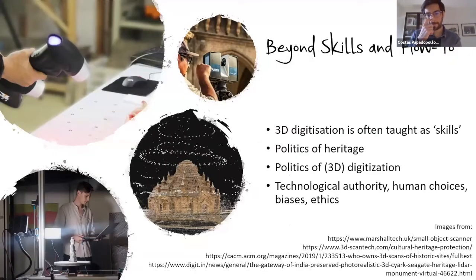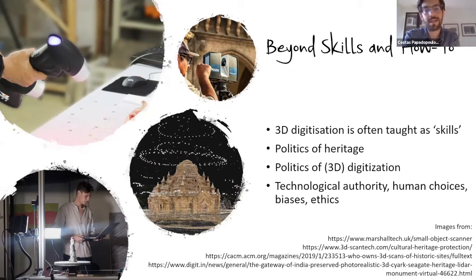So one thing that I want to highlight is that 3D digitization is often taught as skills. But one thing we often neglect is that digitization is a political act, the same way that heritage is very much about politics. What we digitize and how, where we publish it, how we present it, and so forth.